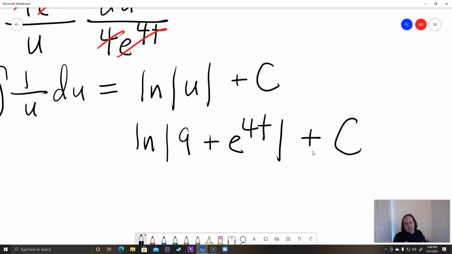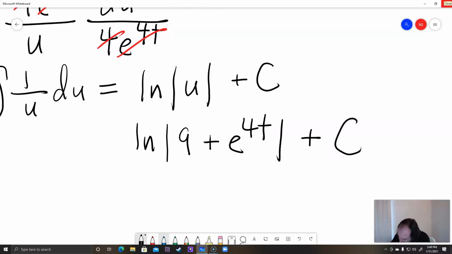Now you might think that this is your answer, right? You'd think you'd be done here. But if you think about it, there's actually one little thing that we can simplify here. And what is that? Well, you might not remember this, but exponential functions like e to the x or e to the 4t, as long as they don't have a negative in front of them, these are already always positive.